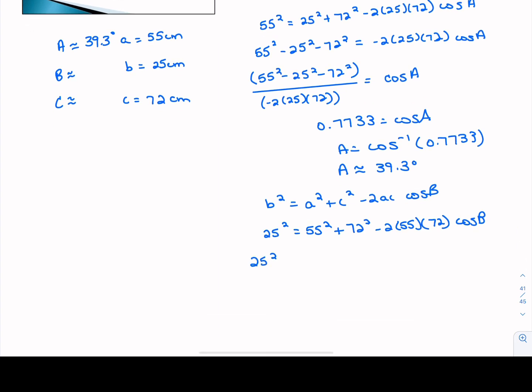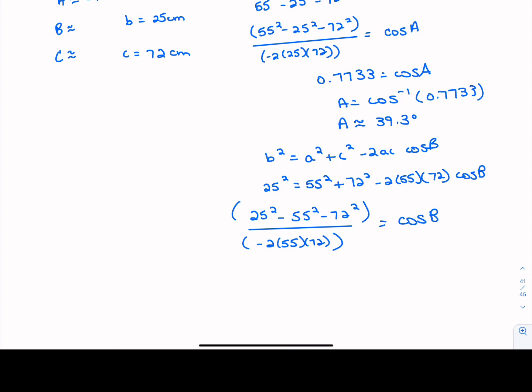We'll have 25 squared minus 55 squared minus 72 squared, ultimately divided by negative 2 times 55 times 72 in order to get our final value for cosine of angle B.